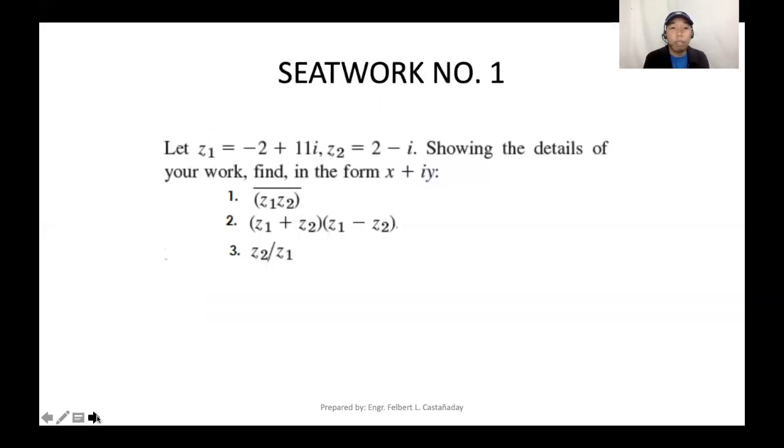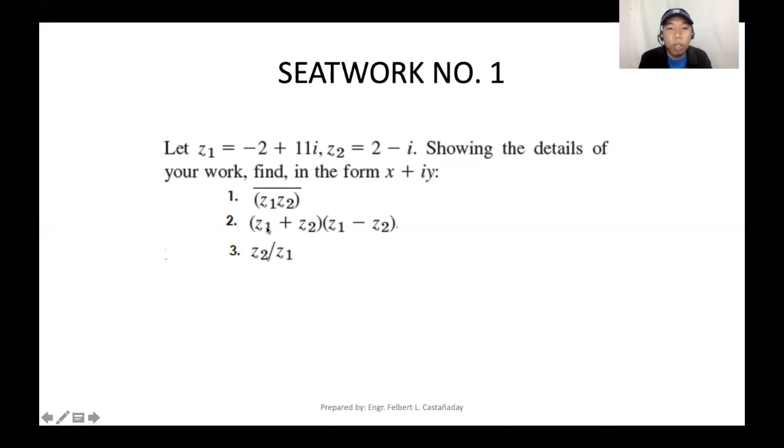Now for your seatwork, you have two complex numbers, Z sub 1 and Z sub 2, and you are to find the following. Number 1, the product of Z sub 1 and Z sub 2, then you get the conjugate. Multiply first the complex numbers before you determine the conjugate, and so on.